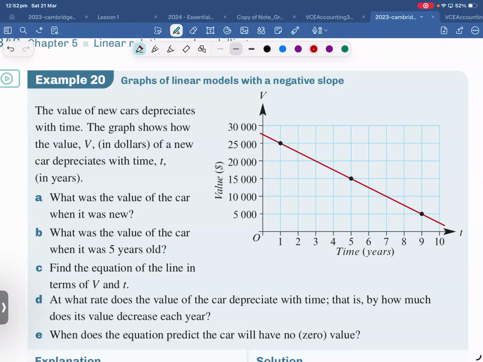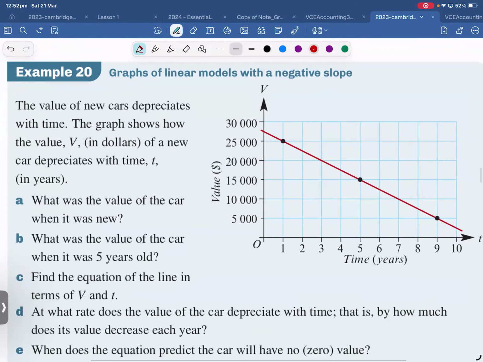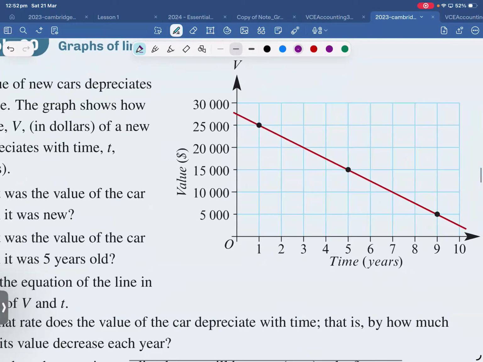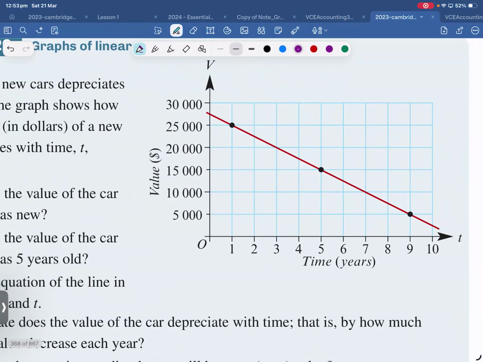When it was new, what do you think, how much is it? When it is new, what's the time? 1 year? You sure? 1 year means 1 year old.